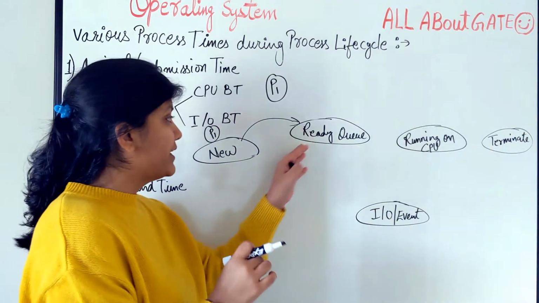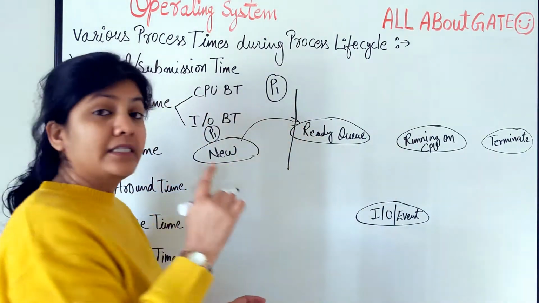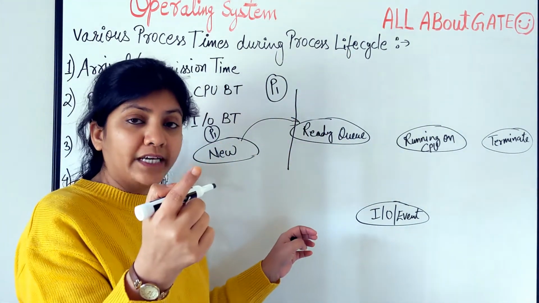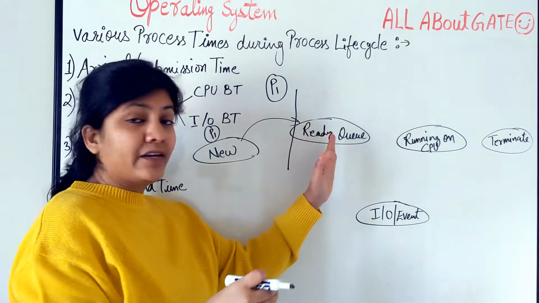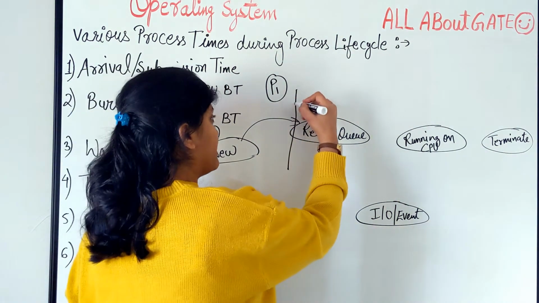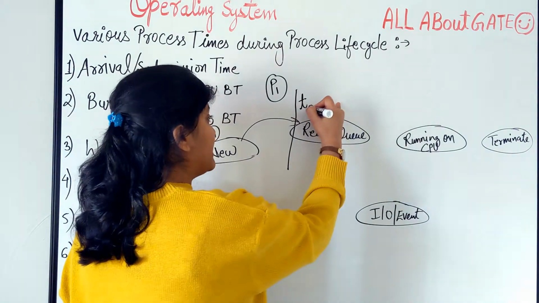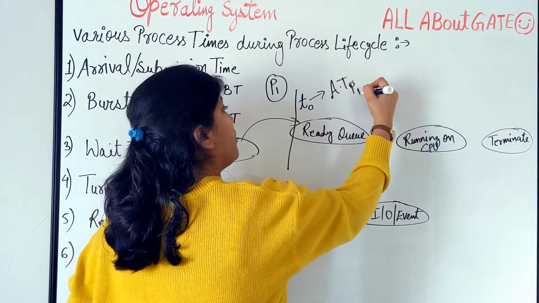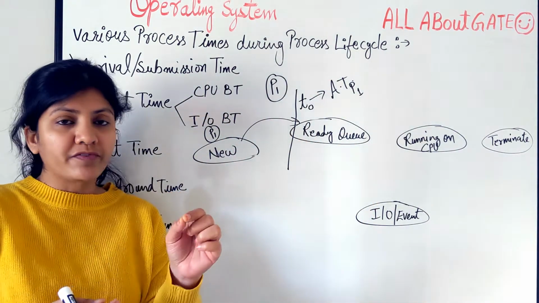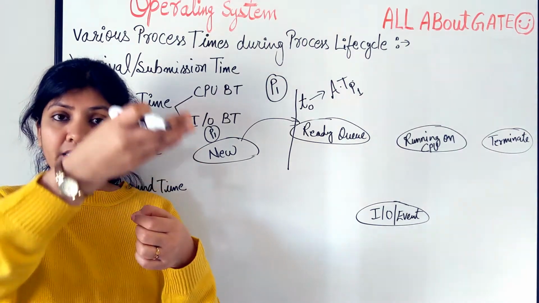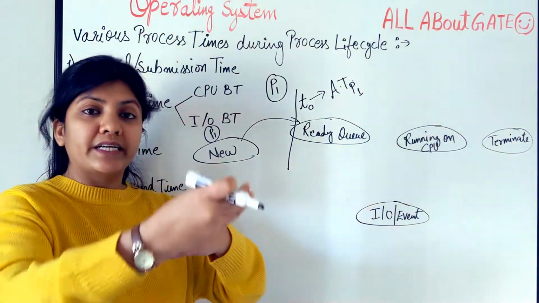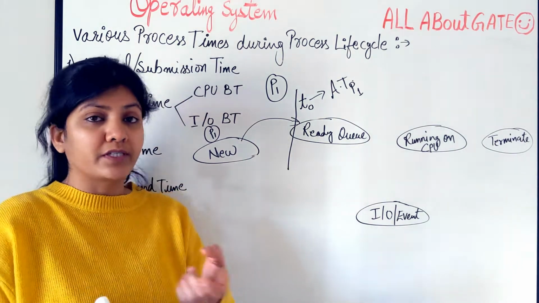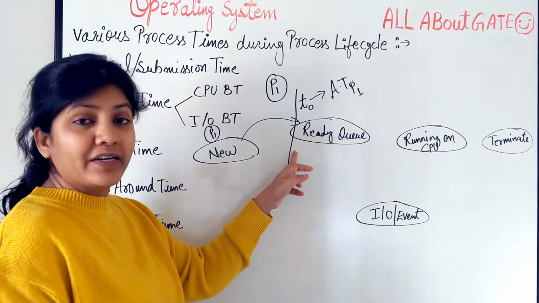The moment the process P1 comes into the ready queue for the first time, that time, suppose it is T0, is known as the arrival time of P1. So the moment any process arrives into the ready queue or is submitted to the ready queue is known as the arrival time or the submission time of the process.